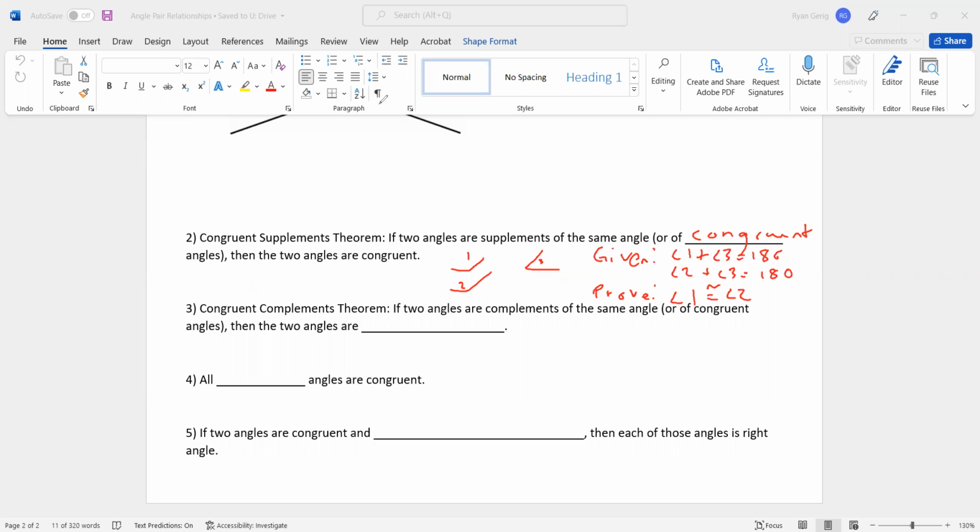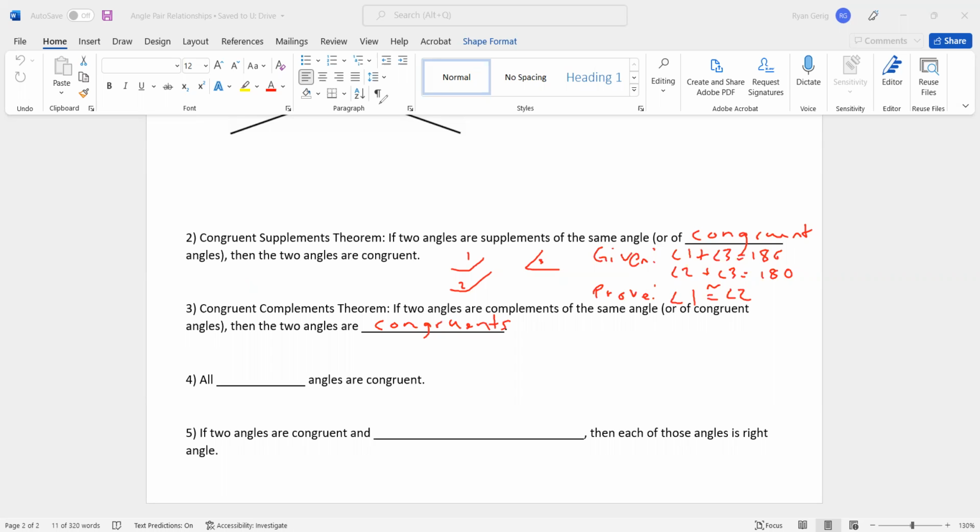Like I said in the proof before, we basically did that, right? So that's another theorem that you could use. We don't use it a ton, but you could use it, all right? The congruent complements theorem: if two angles are complements of the same angle or of congruent angles, then the two angles are congruent. So it's the same thing. If they both add to 90, then they're congruent.